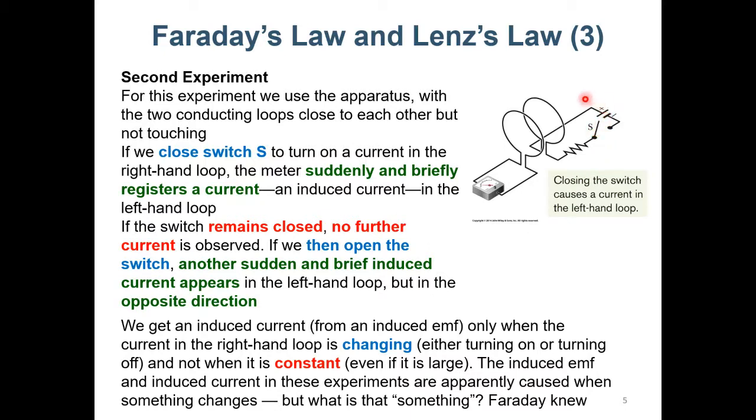And of course, the current in this loop is changing. It's a first order circuit. This is something like an inductor, and this is a resistor.